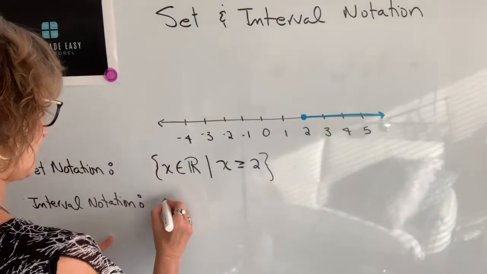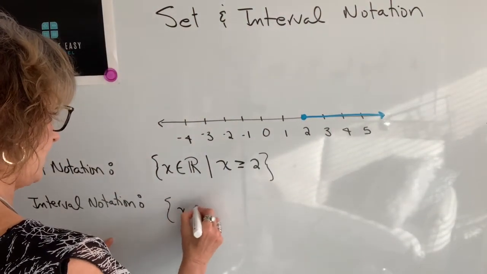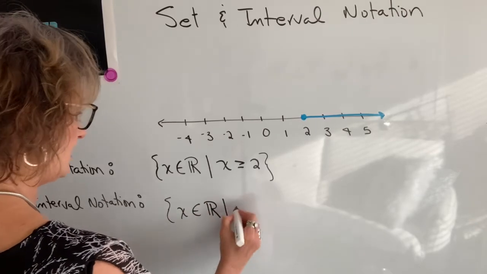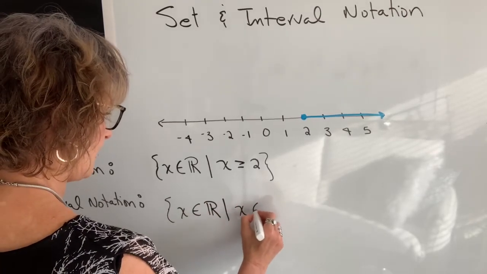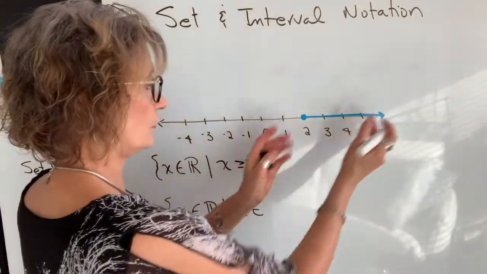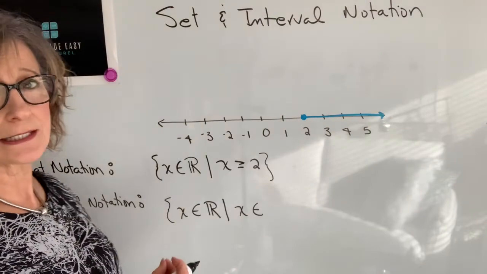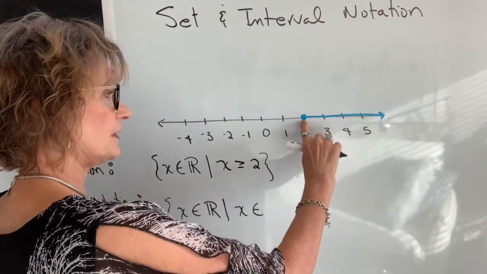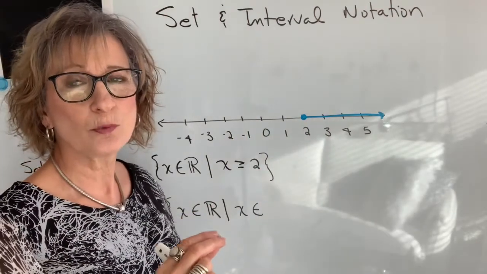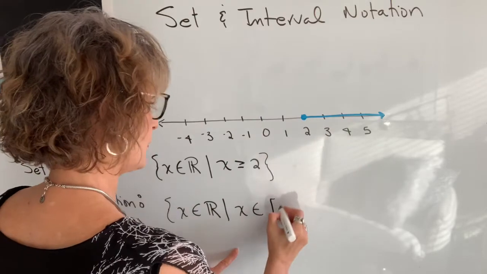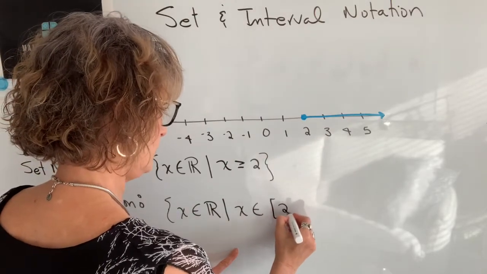So we can start off the same way. We'd say x is an element or a member of the real numbers such that, then we'd say x is an element of, and we would show this interval with brackets and parentheses. So if the point is included in the interval, we use a bracket. And then our start point is 2.